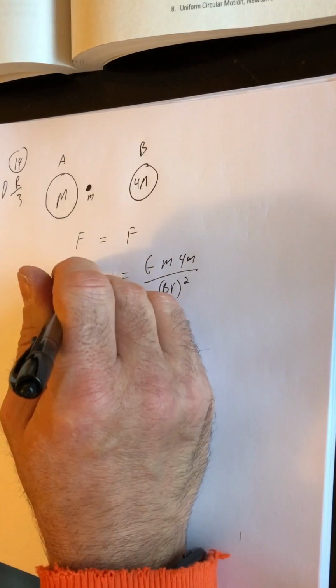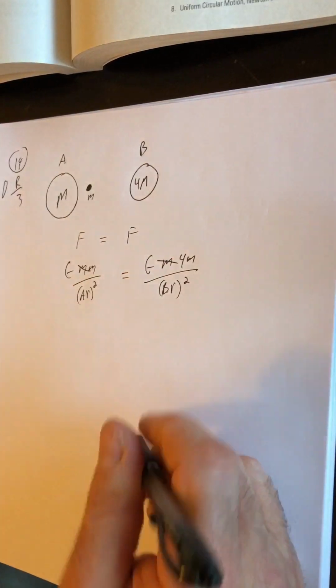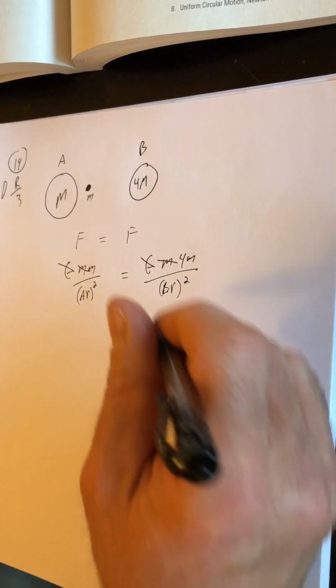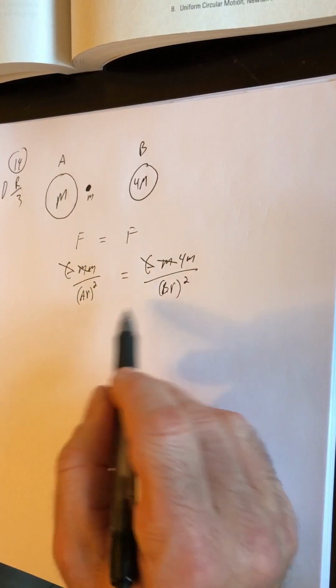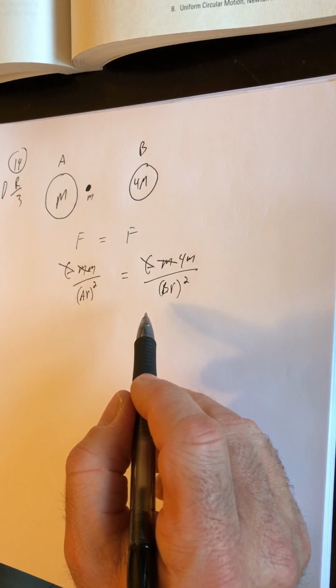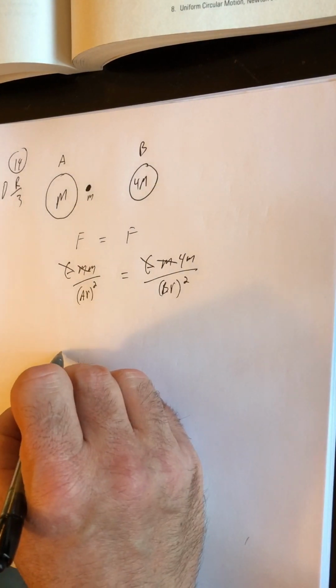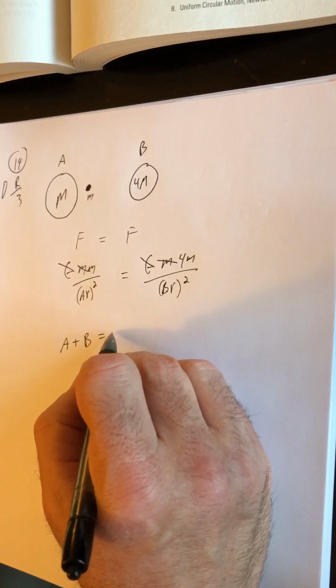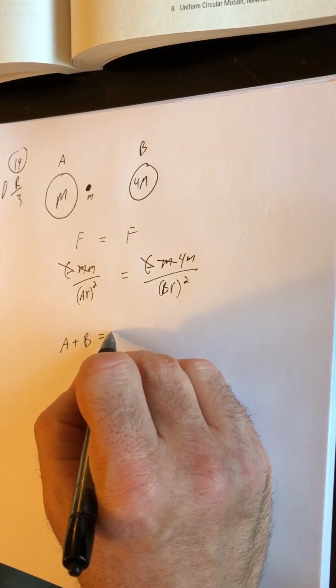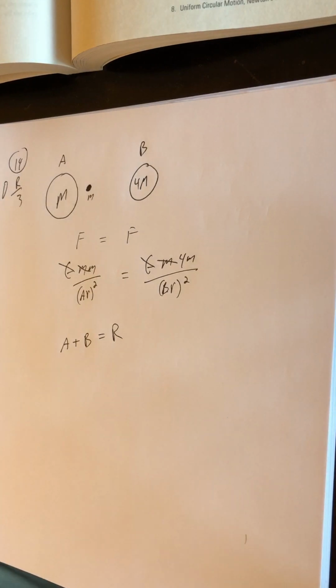The masses cancel out, the G's cancel out, and now I had to solve this for A and B. And then remember that A plus B would equal the total, my total distance R.